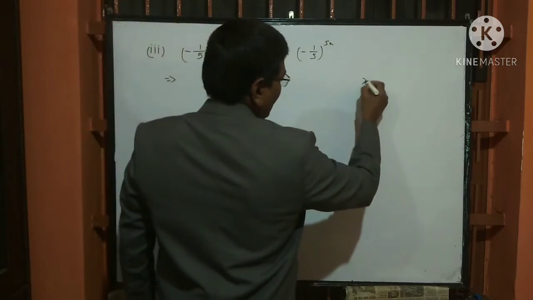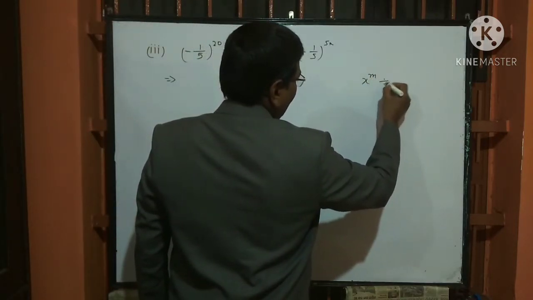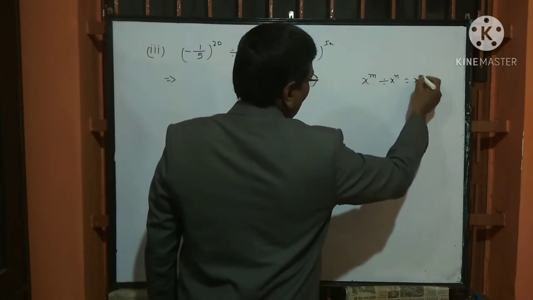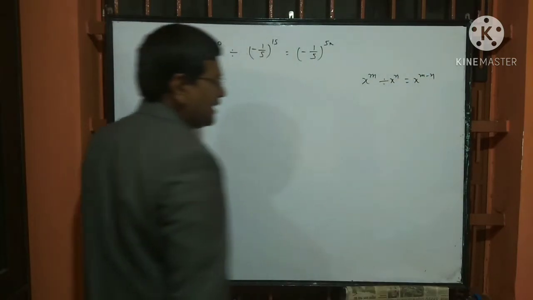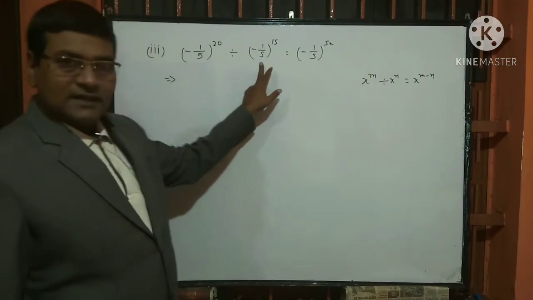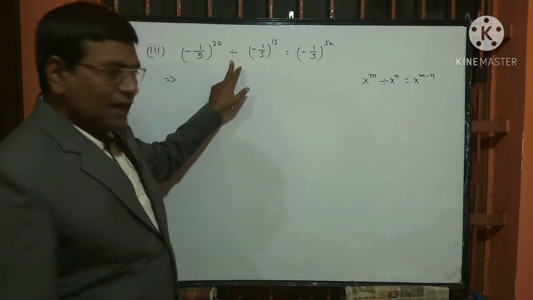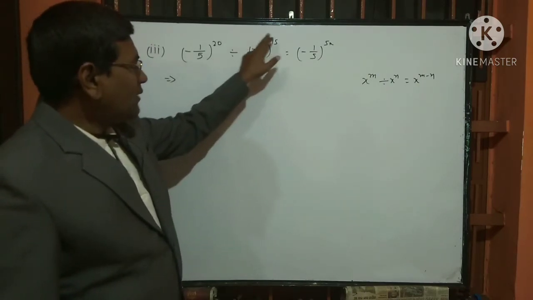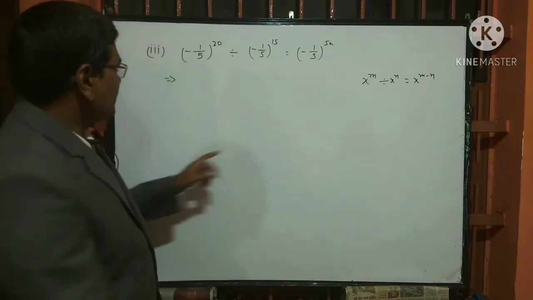We have a formula: x to the power m divided by x to the power n equals x to the power m minus n. Both bases are equal and we have to divide, so their powers will be subtracted.